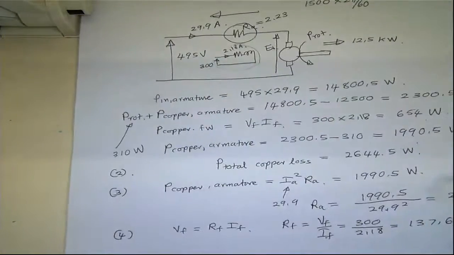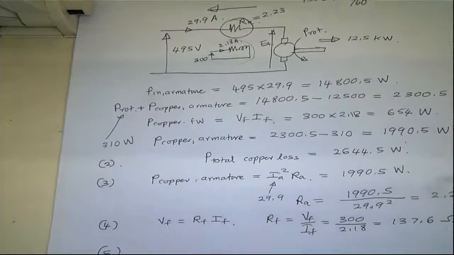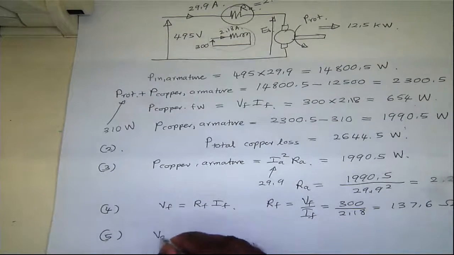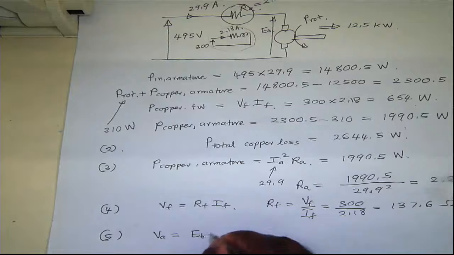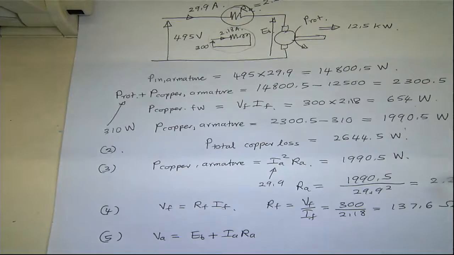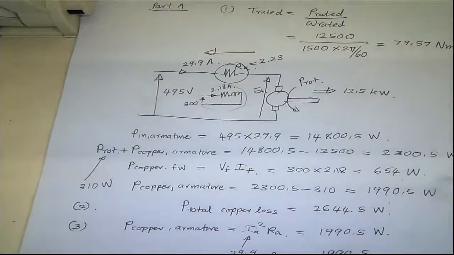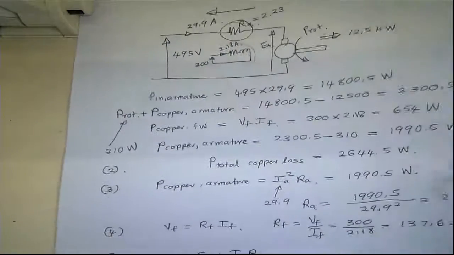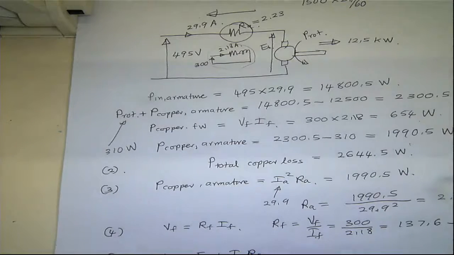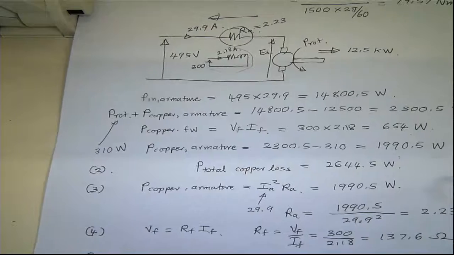So if you do the first way, we can write the terminal voltage VA equals EB plus IA RA. This is for a motor where the current is going into the circuit here. So the voltage drop across the armature resistance will be the resistance times current.